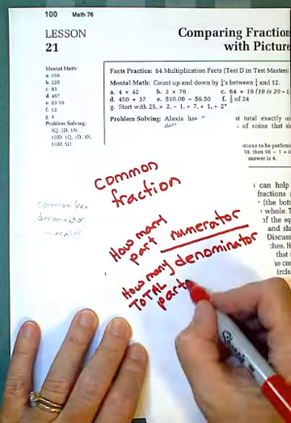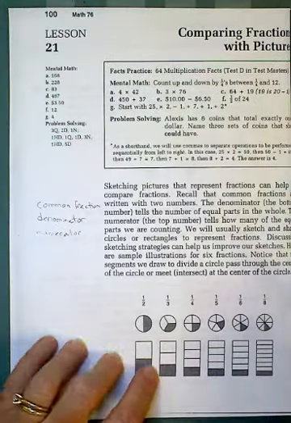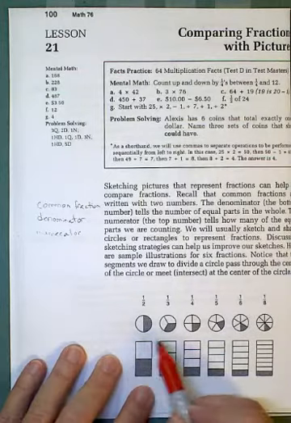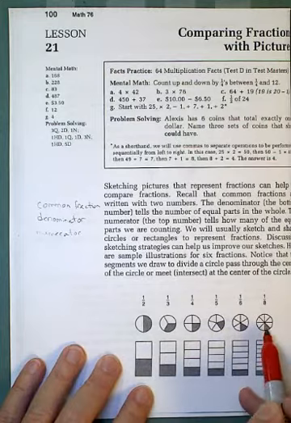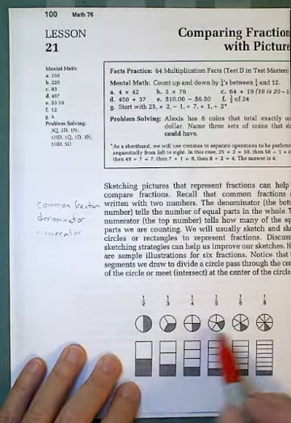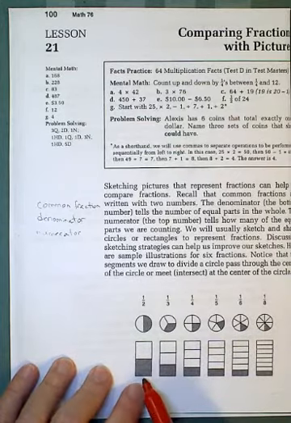If we look at the drawings at the bottom of page 100, we see several fractions drawn out and illustrated using pictures. We typically use circles to illustrate fractions, or perhaps a rectangle shape.